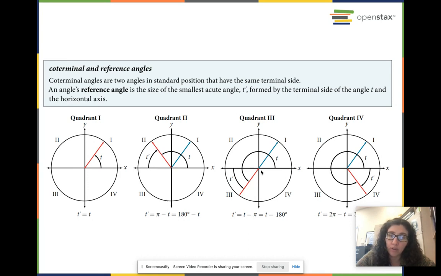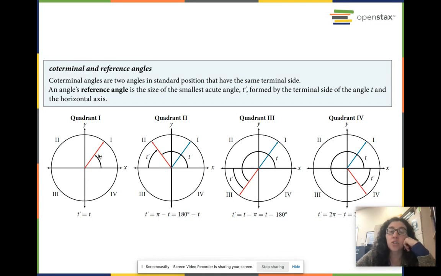How about here? If the terminal side is down here in quadrant 3, here is our T prime. And if the terminal side is all the way over here in quadrant 4, the smallest acute angle between that line and the x-axis is T prime here. So all of these T primes are the same, and they all are the same as this angle T. These aren't coterminal.